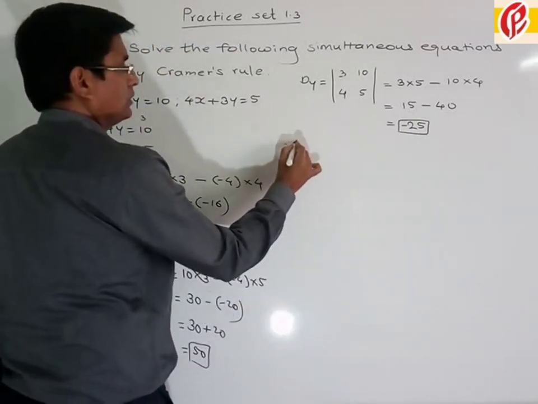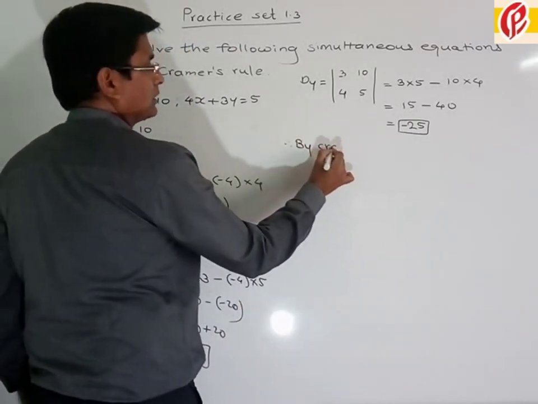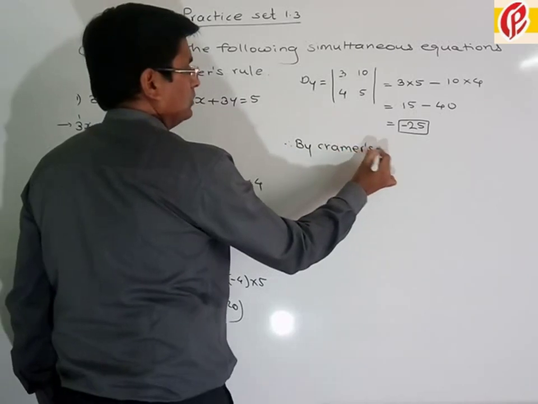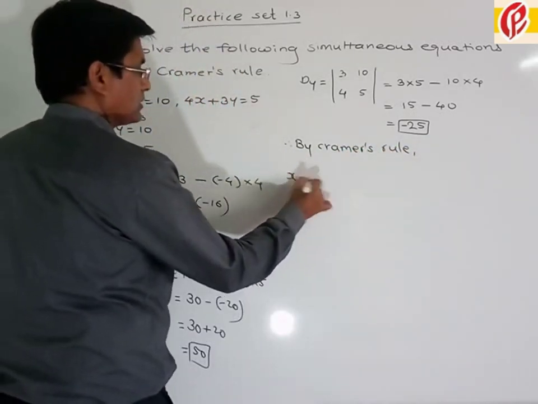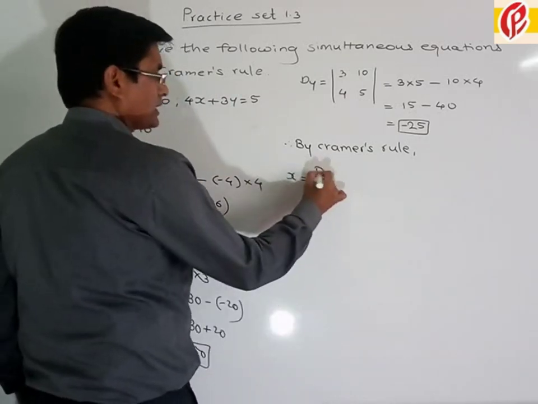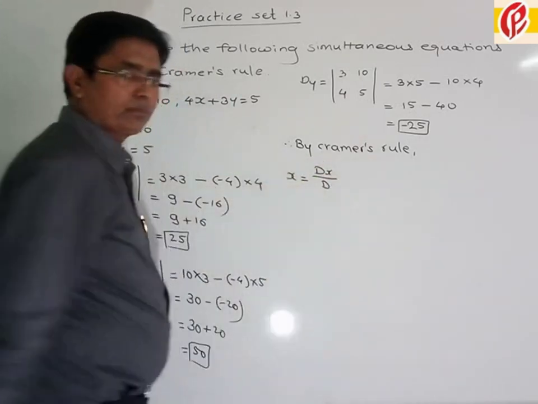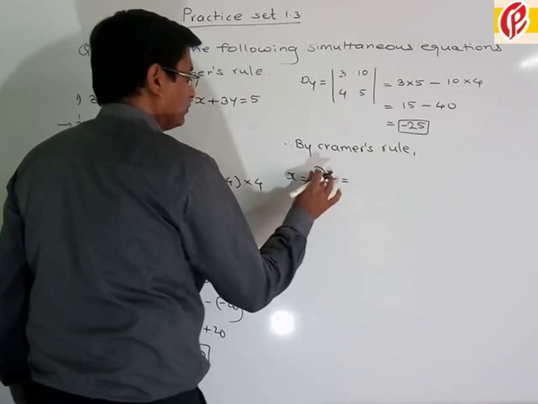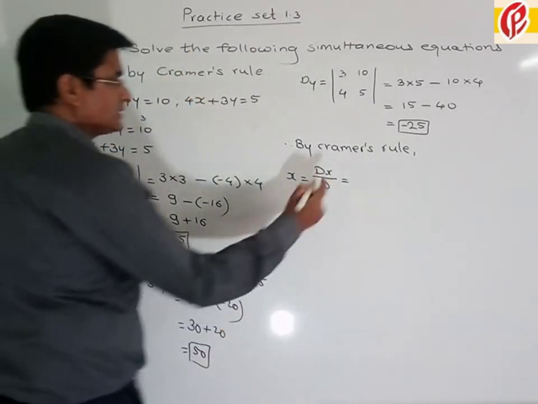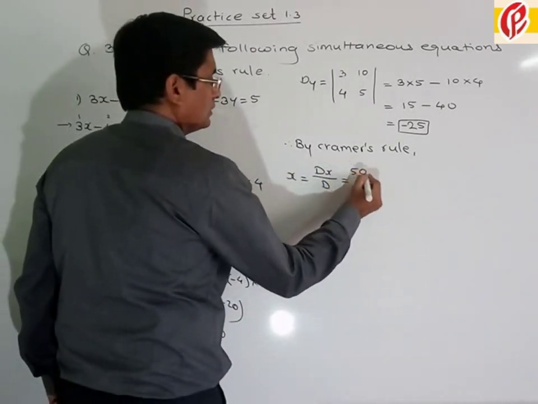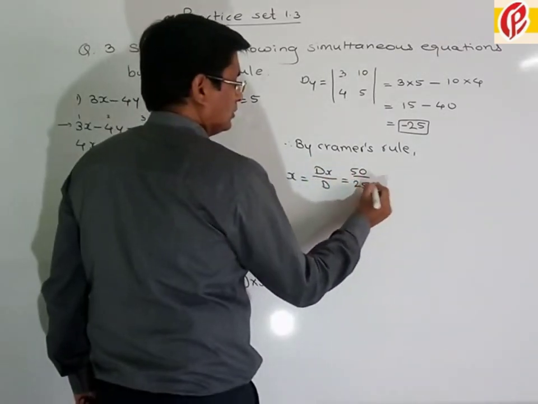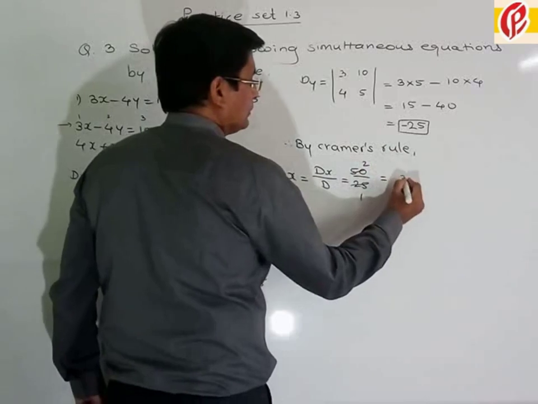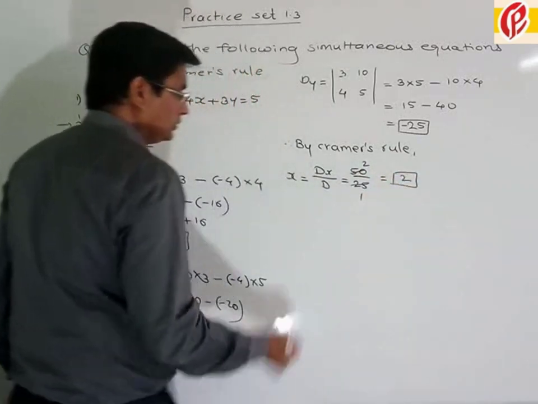Next, therefore, by Cramer's rule, what is the formula of x? X is equal to what? Dx upon D is equal to, what is the value of dx? Dx is 50 divided by the value of D, 25. 25 ones are 25, 25 twos are 50, we get 2.